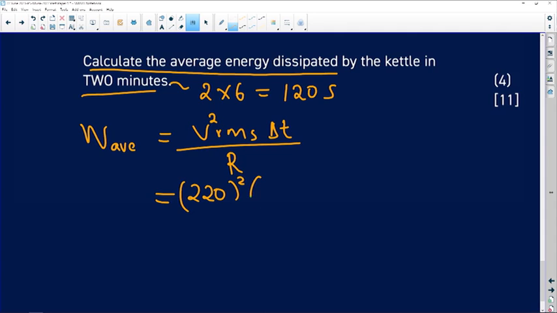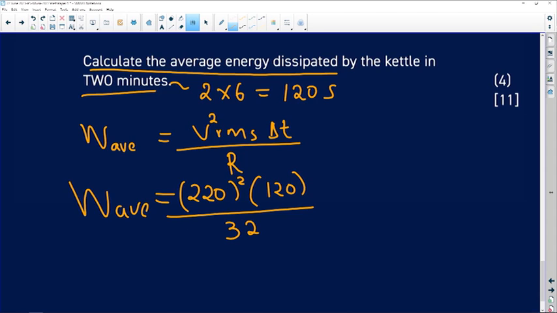The time is 120, over the resistance, which was given as 32. So we need to calculate now.